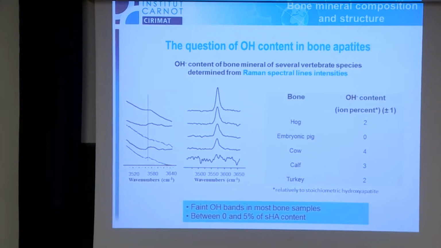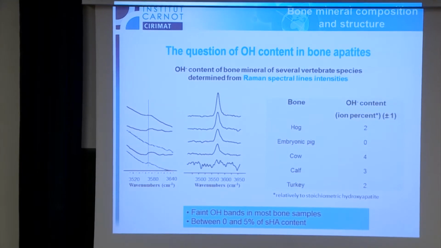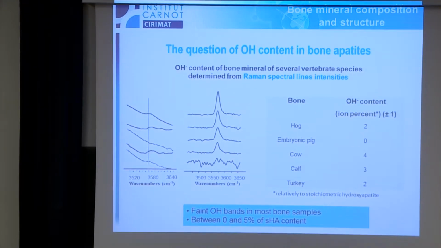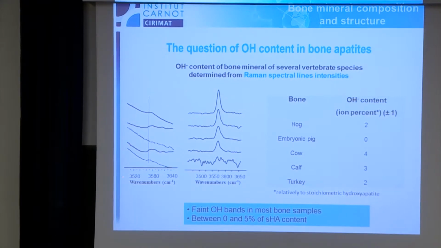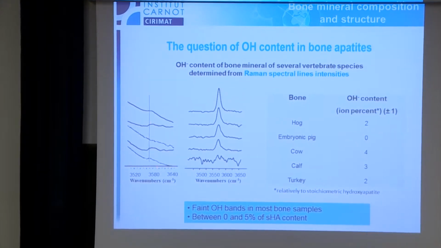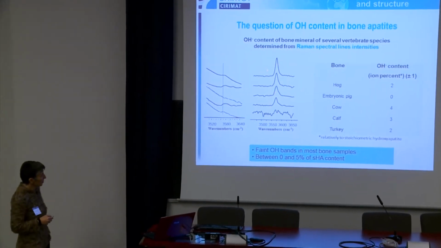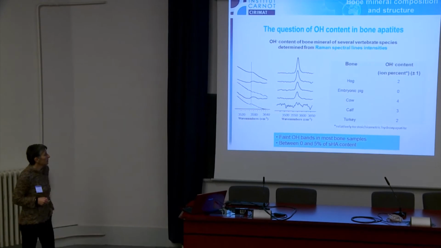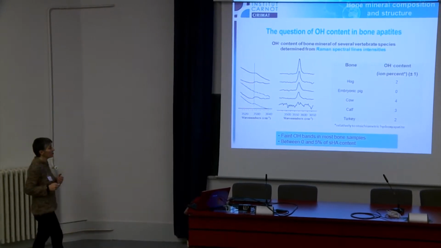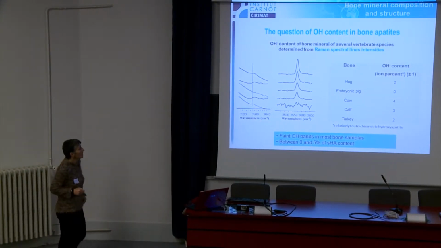Here I show one of these studies, which is based on Raman spectra. You can see the spectra of different kinds of bones of different origins, and here is the position of the band related to OH content, and here also. You can see that there is a very faint OH band in all cases.